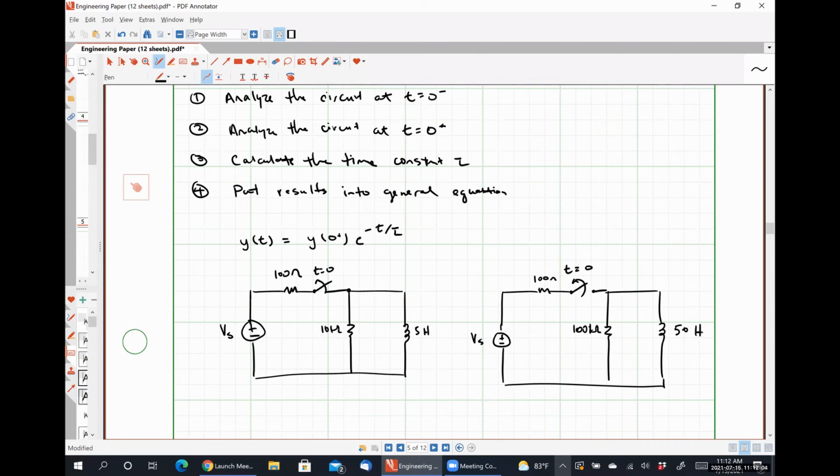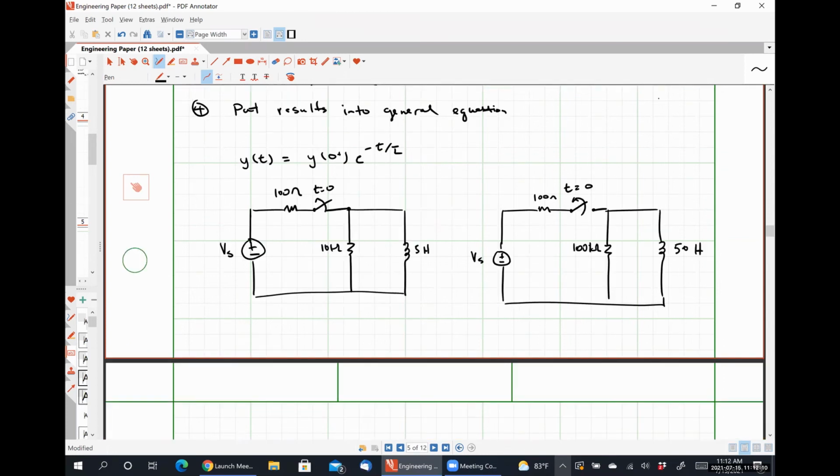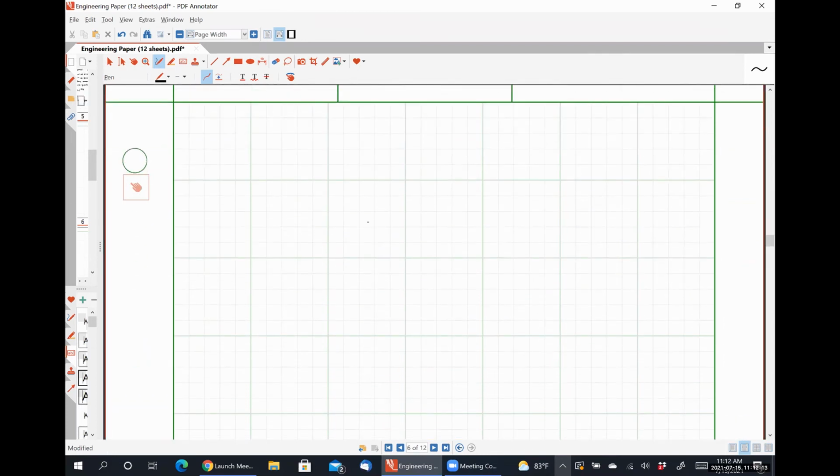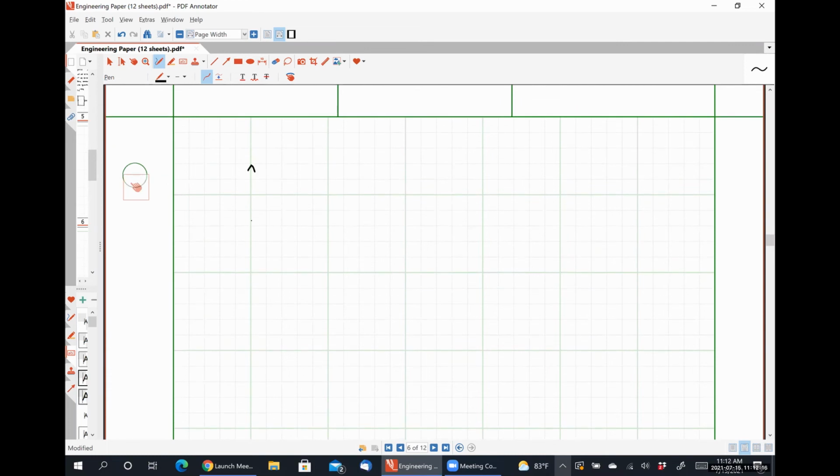So all our time constant really does is just quantify how quickly our signal decays, right? So if we have graphically a current that we are interested in, and it has some initial value, let's call this I at 0 minus, like so.